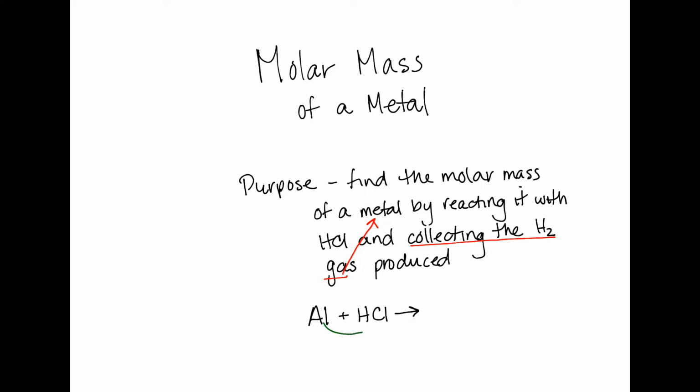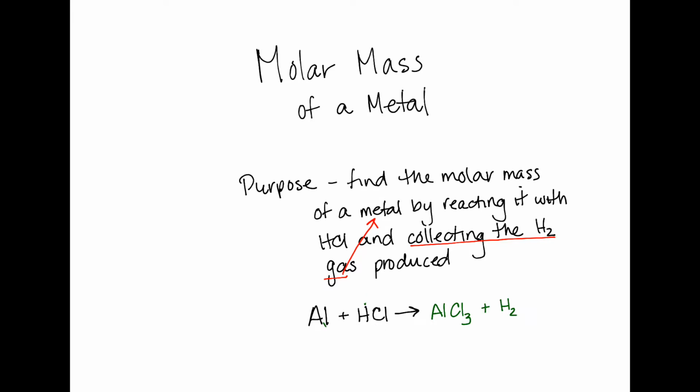The aluminum goes with the chloride and the hydrogen is going to go off by itself. When we put aluminum and chlorides together, aluminum makes a +3 charge, chloride makes a -1 charge, so they get together in an AlCl3 type ratio. And then the hydrogen is going to be by itself, but hydrogen is diatomic, so we're always going to write it as an H2 when it's pure hydrogen.